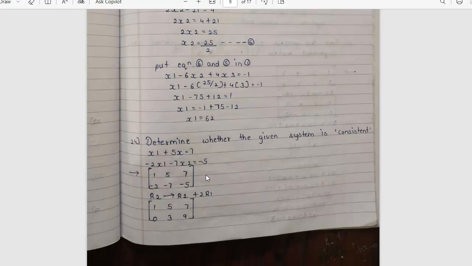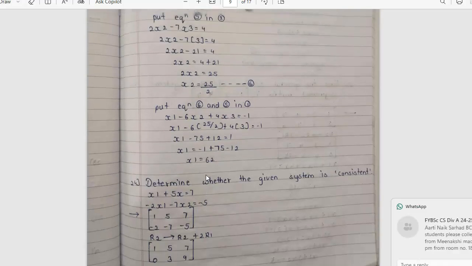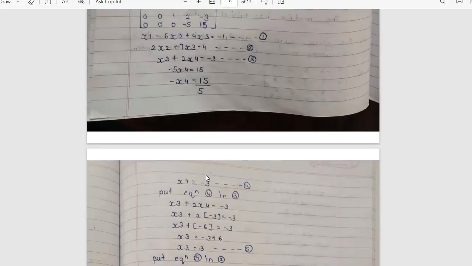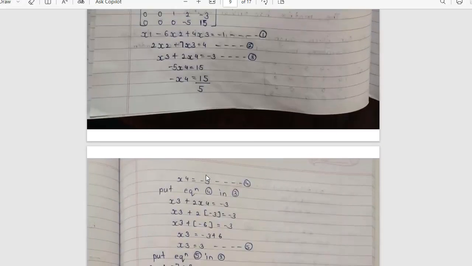So x1 equals minus 1 minus 12 plus 75. So we get the value of x1 as 62. This is another system we have solved: x1 equal to 62, x2 equal to 25 divided by 2, x3 equal to 3, and x4 equal to minus 3.